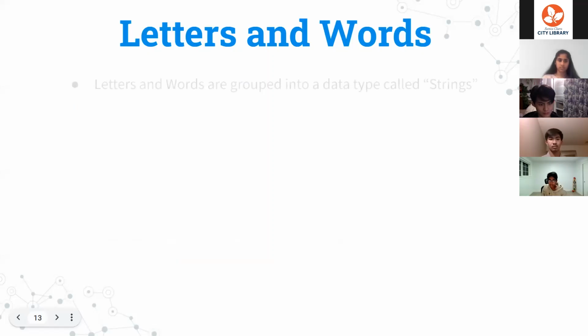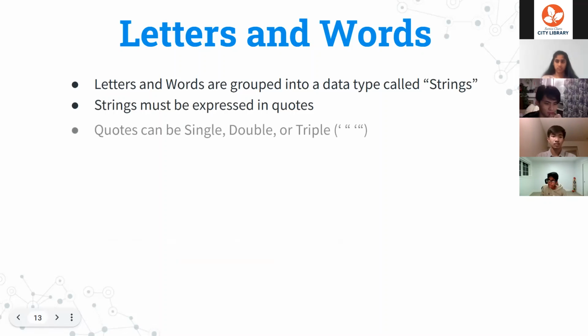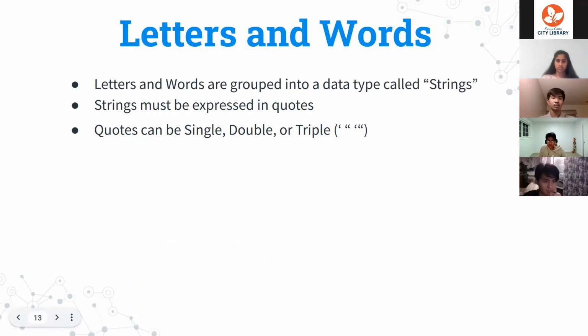Okay, the final data type in Python that we're going to cover today is letters and words. Letters and words are grouped into a data type called strings, and they're usually expressed in the form of quotes. You can use double quotes, single quotes, or triple quotes depending on the situation you're writing the code in, and strings can cover more than one line.